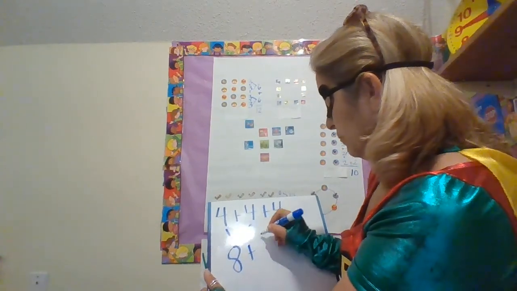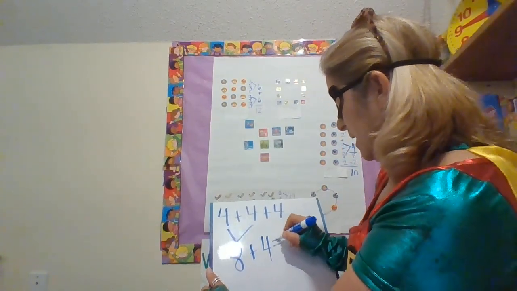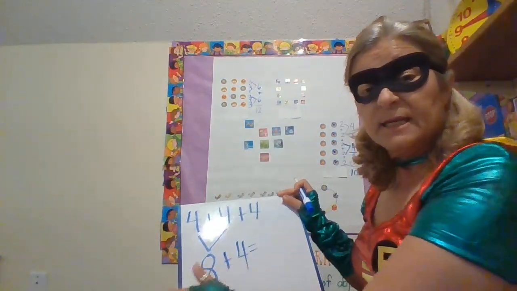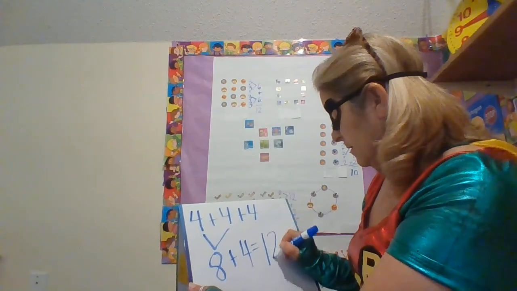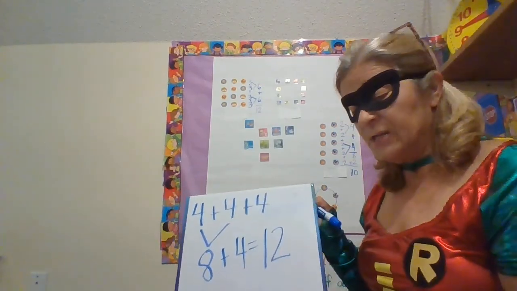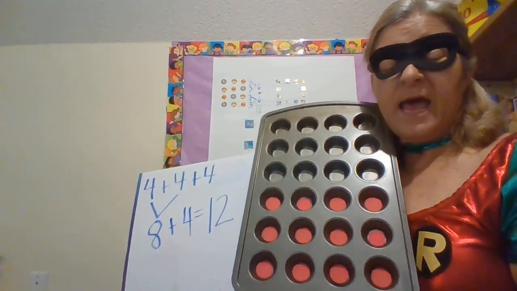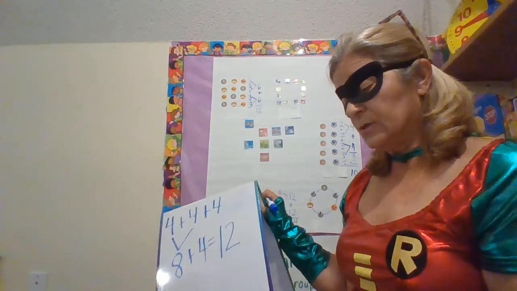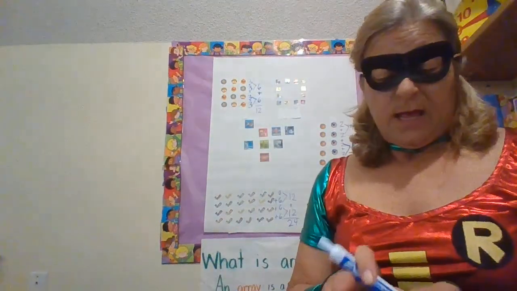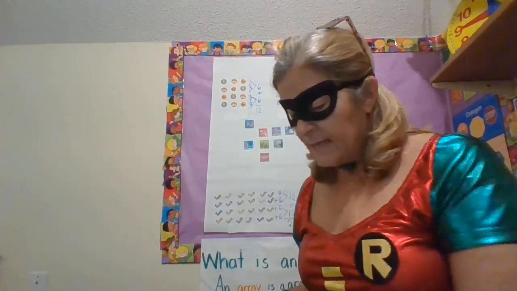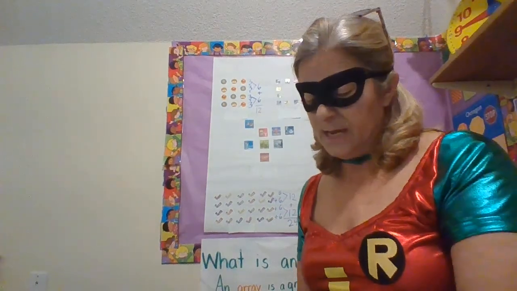And 8 plus 4 equals, 8 plus 4 is 12. So the repeated addition for this array is 4 plus 4 plus 4, and that equals 12.